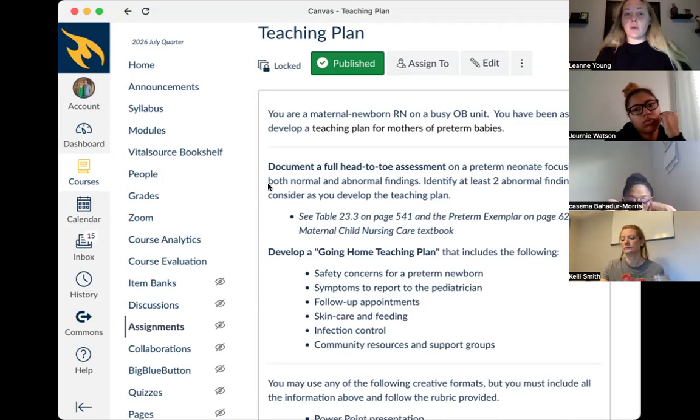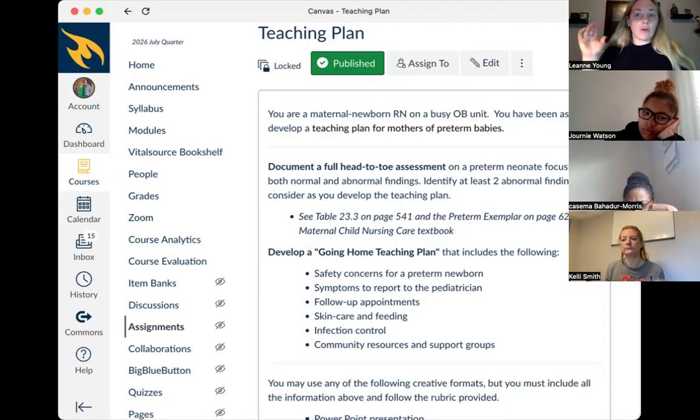Okay? So what you have to do is you need to document a full head to toe assessment on a preterm neonate, focusing on both normal and abnormal findings. You need to identify at least 2 abnormal findings to consider as you develop your teaching plan. Okay, so I want you to go through the entire head to toe assessment on a preterm neonate. All right, and that can just be detailed like in order.